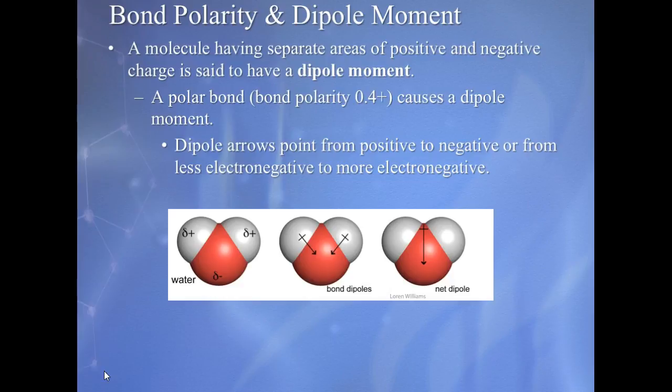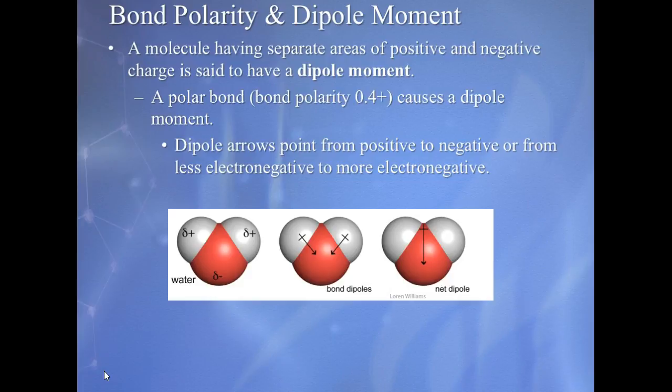So why do we care whether or not bonds are polar or nonpolar? Because it has an effect on the overall molecule. If you've got polar bonds, it can create the situation where the molecule is said to have a dipole moment. I feel like dipole is an oxymoron, because if you're polar it means you've got two ends, and dipole is saying two poles.